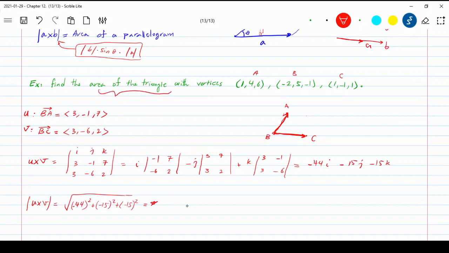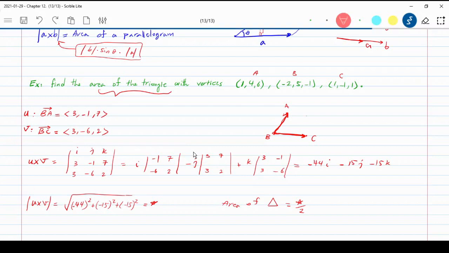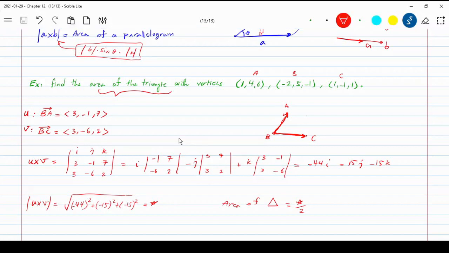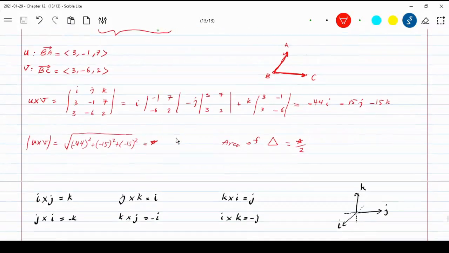Because we calculated the area of the parallelogram, the area of the triangle equals whatever that number is divided by 2, star divided by 2. I didn't calculate the end result. Double check the work, make sure that it is correct, and try writing another example for yourself to see if you can calculate that.